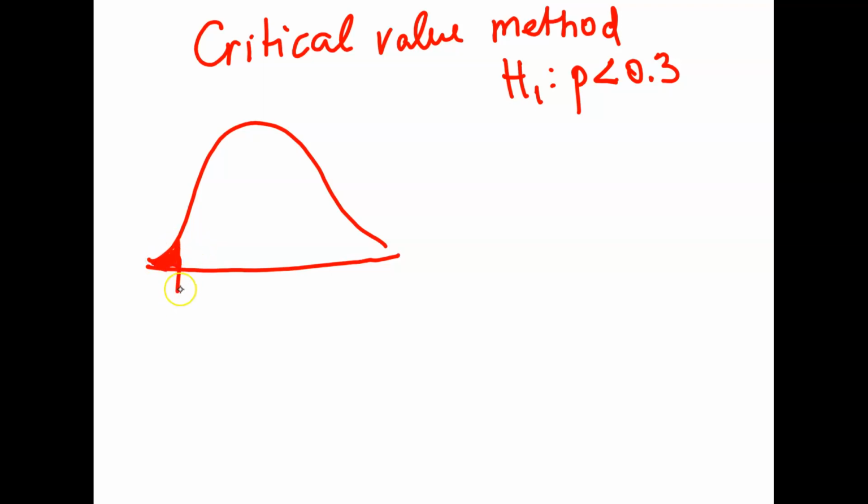So we need to find this value, the z value that separates the critical region from non-critical region. The significance level we chose was 0.05. So let's find the z-value that corresponds to the area to the left of 0.05.